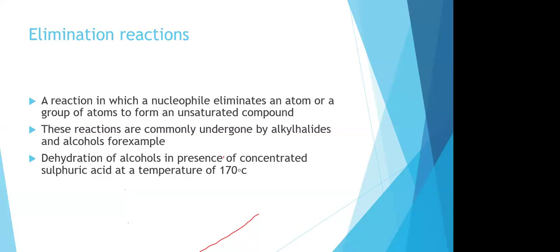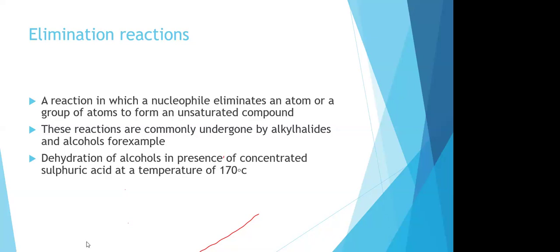So for example, we have dehydration of alcohols. This is a common reaction that the majority of us are conversant with. It is the formation of alkenes from alcohols, and here you should specify the temperature, as we shall look at some reactions of alcohols with concentrated sulfuric acid at different temperatures. They give different compounds.